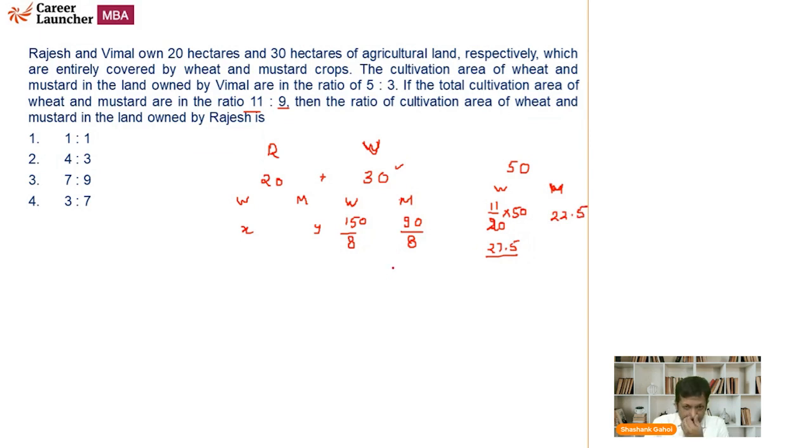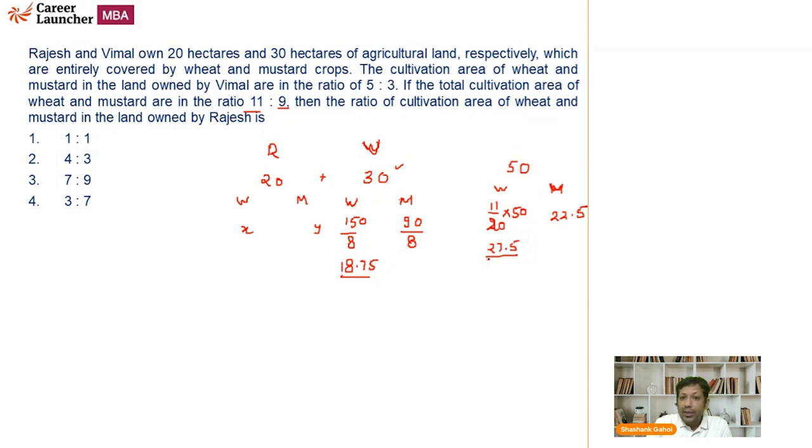Okay, let's solve this. So 150 upon 8 is going to be 18.75. Okay. So out of total wheat area, that owned by Vimal is 18.75.